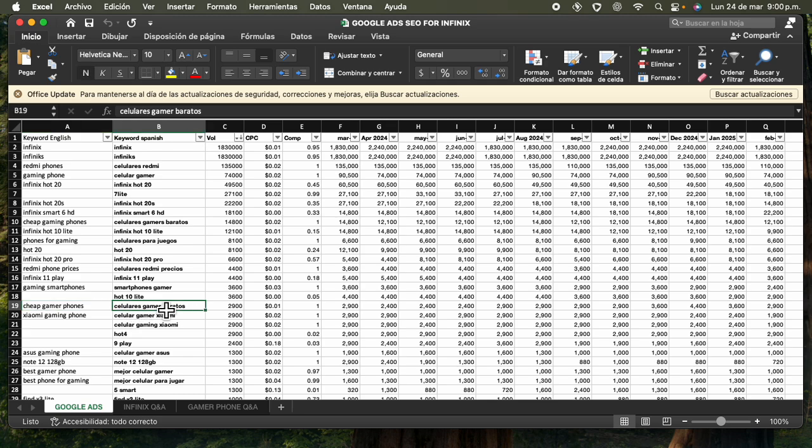And it's going to be better to rank, because I put a filter here so we can go in the volume of searches from the one with the most to the least. But imagine this one, this keyword has 2,900 monthly searches, and we can do 10 videos about this, talking about cheap gamer phones, maybe using another word instead of cheap.